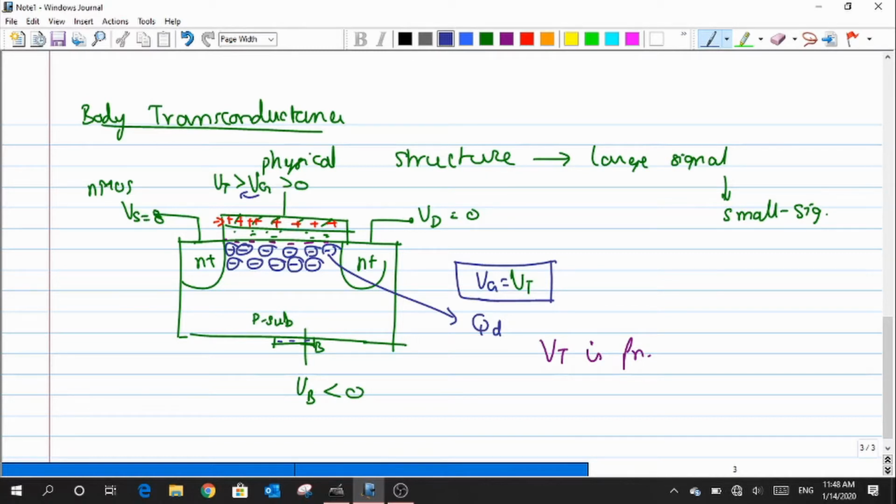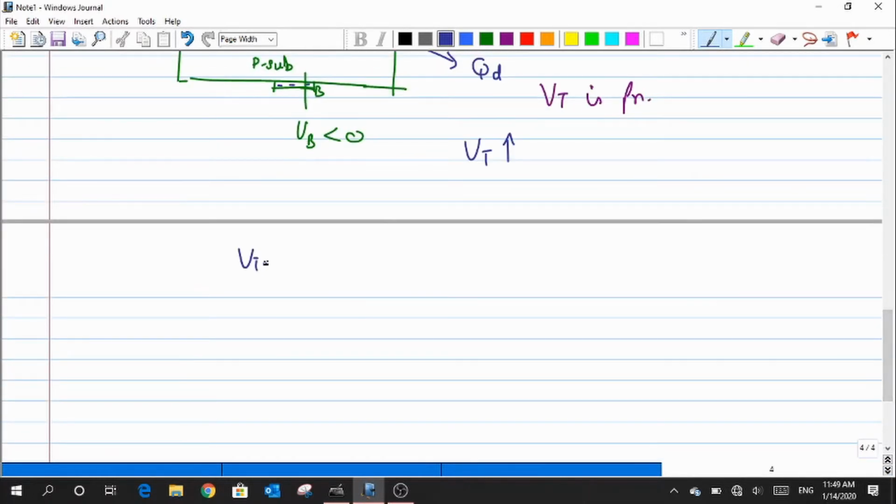Okay, that's fine. So whenever there is a body effect, we say that the threshold voltage is increased, and in general one could model this threshold voltage as VT equals VT0 plus gamma times the square root of 2 phi f plus VSB, minus the square root of 2 phi f.